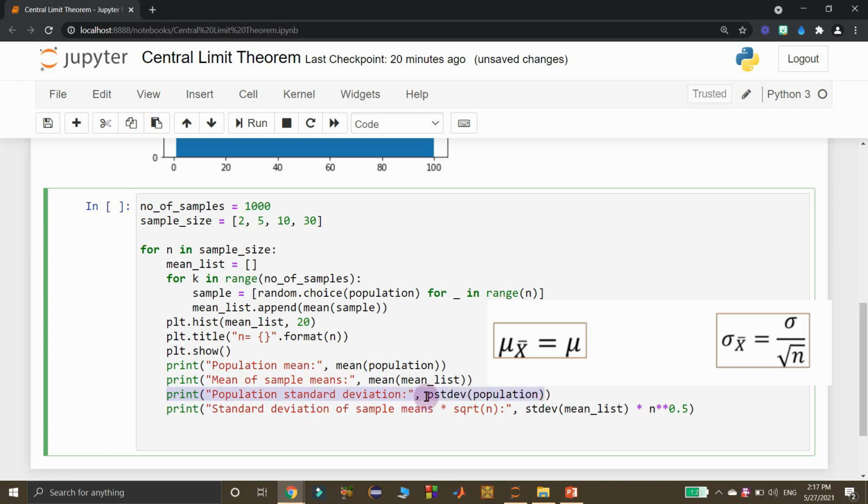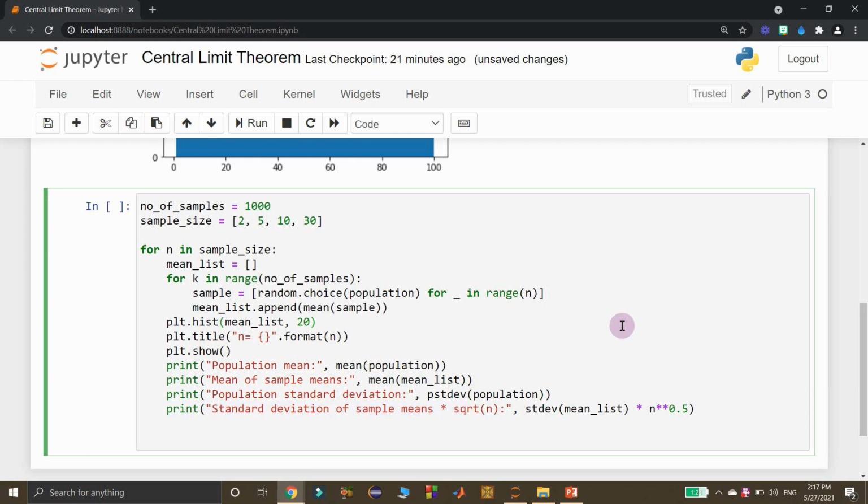For that I have used the pstdev method available with the statistics module. And finally I am going to display the standard deviation of the sample means multiplied by the square root of n, which gives us approximately the standard deviation of our population.